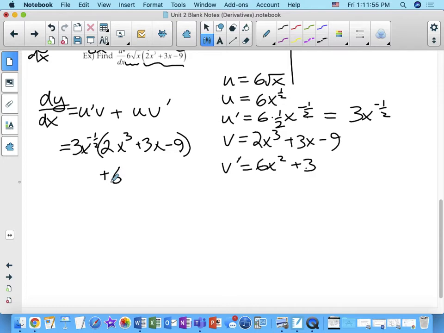So 6x to the 1/2 times 6x squared plus 3. Okay, and now I can add the exponents together, right? So 3 times 2 is 6. I got to do all this distribution. And then x to the 1/2 times x cubed is x to the 2.5, or 5 over 2, right?